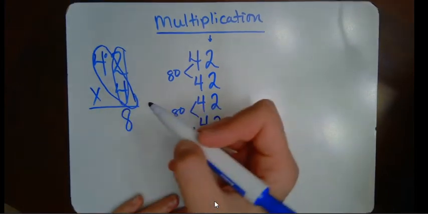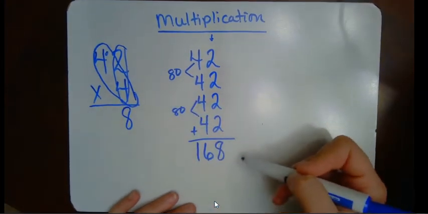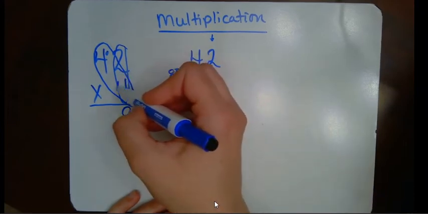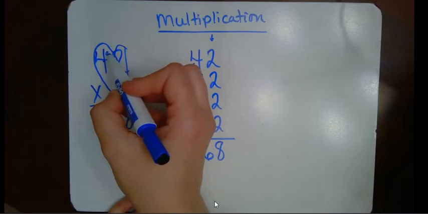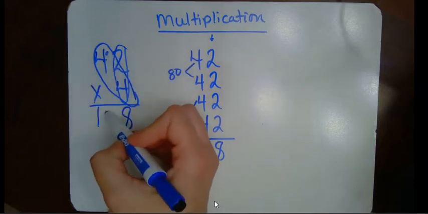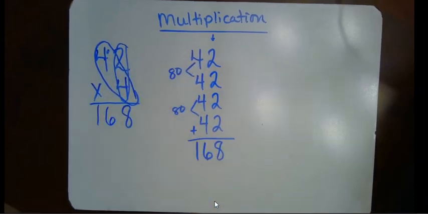If I put it together, that gives me 168. Same here. 4 times 4 is 16. Really, this is 40, so that would be 160 to give me my 168.